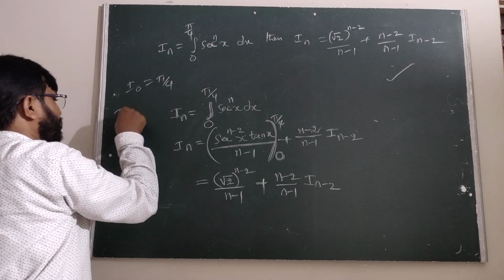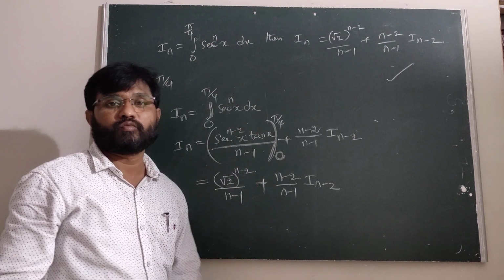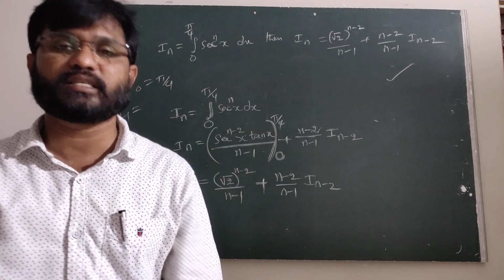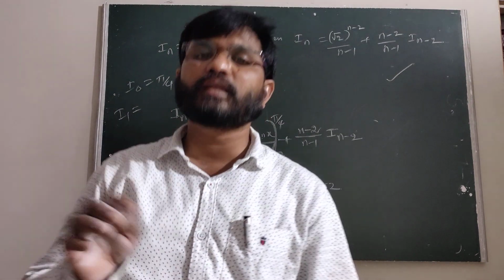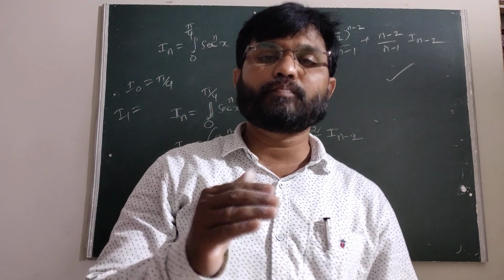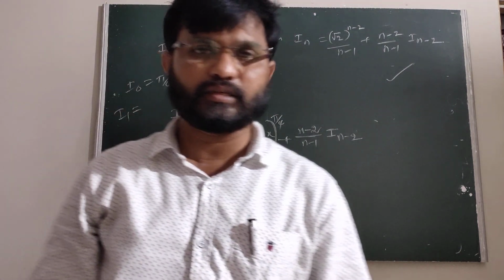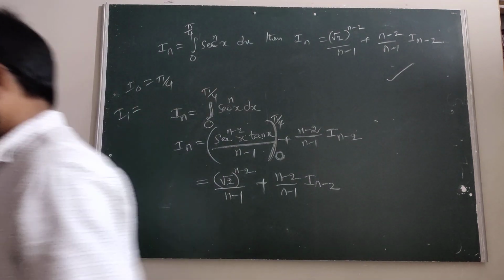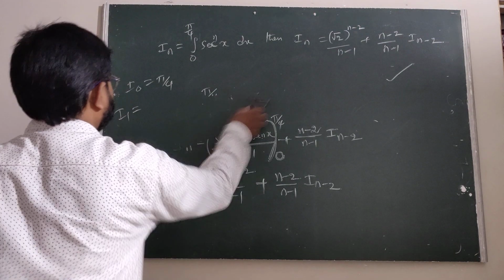How to find I1? I1 is secant power 1. Integral of secant x is log mod of secant x plus tan x, or log mod of tan of pi by 4 plus x by 2. Now evaluate the integral 0 to pi by 4.